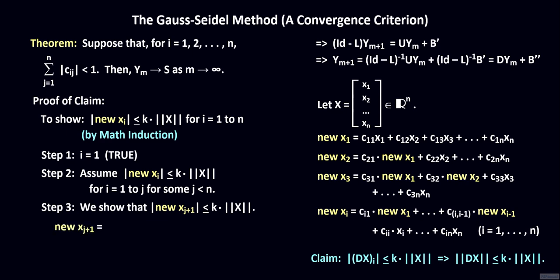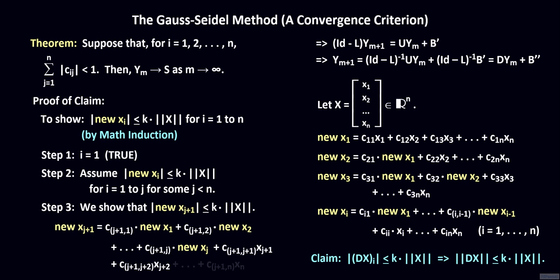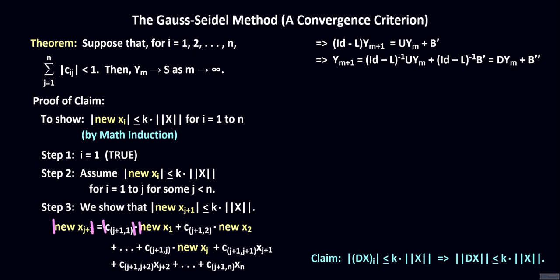The new x sub j plus 1 equals the sum of the terms involving the just obtained new values of x sub i, where i goes from 1 to j, followed by the terms involving the old x sub i's, where i, this time, goes from j plus 1 all the way up to n. We take the absolute value of everything in this equation. The triangle inequality says that the left side should be less than or equal to the right side.